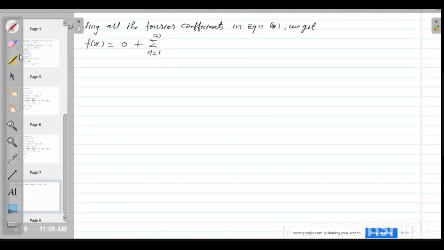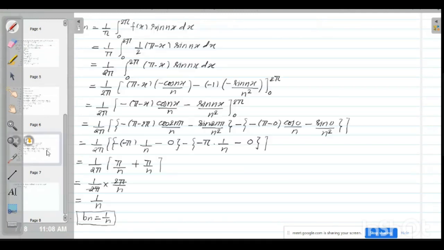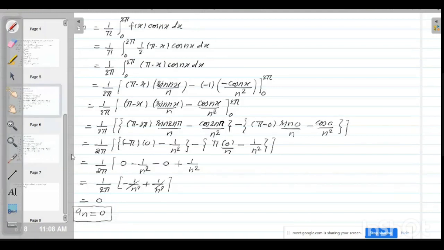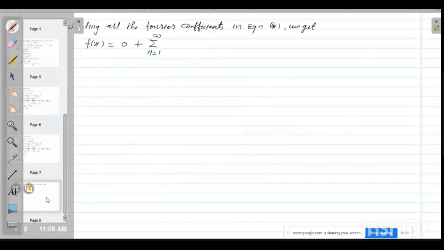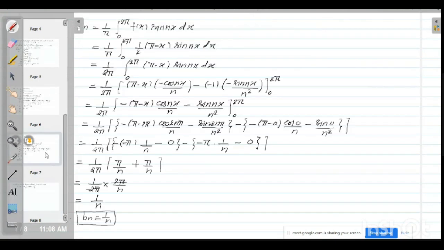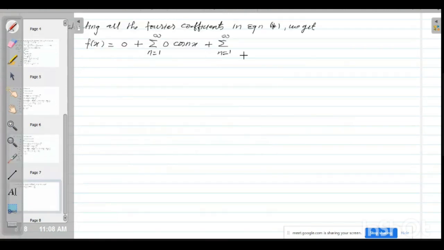And what is the Fourier coefficient an? Fourier coefficient an is also 0. So we have 0 cos nx and plus sum running from n equal to 1 to infinity. And what is the Fourier coefficient bn? Fourier coefficient bn is 1 upon n. So this is 1 upon n sine nx.